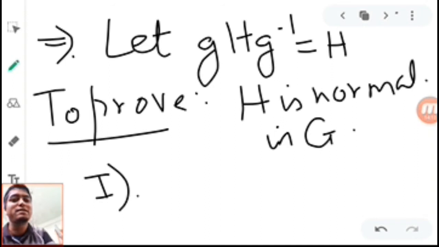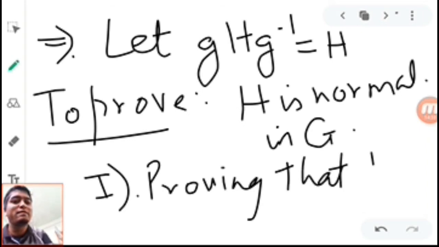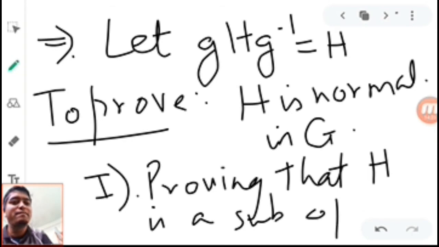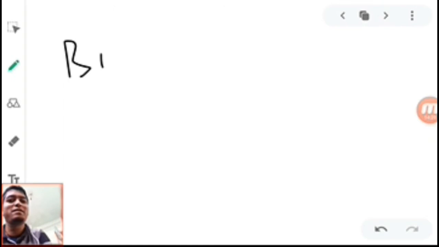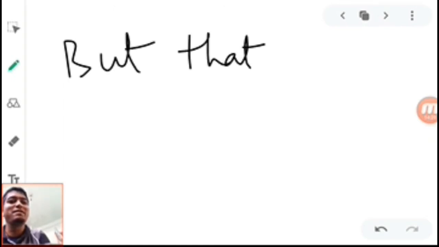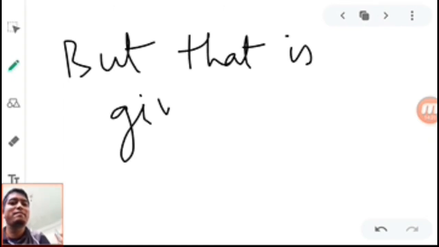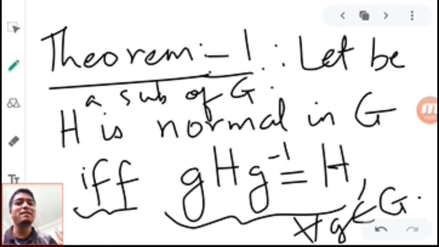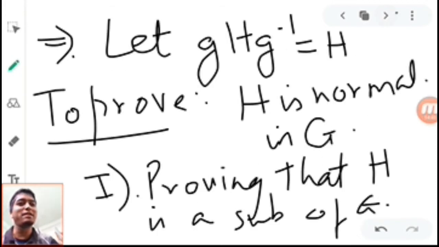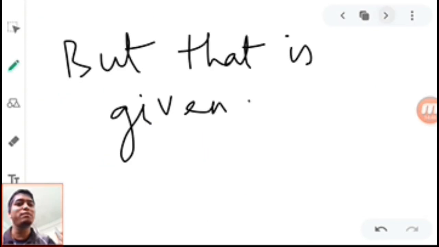Part one is proving H is a subgroup of G, but that is already given, because it's already given that let H be a subgroup of G. So hence we don't have to do number one.